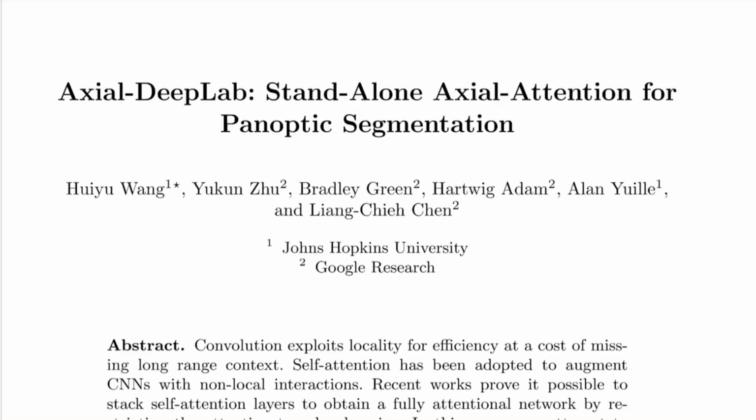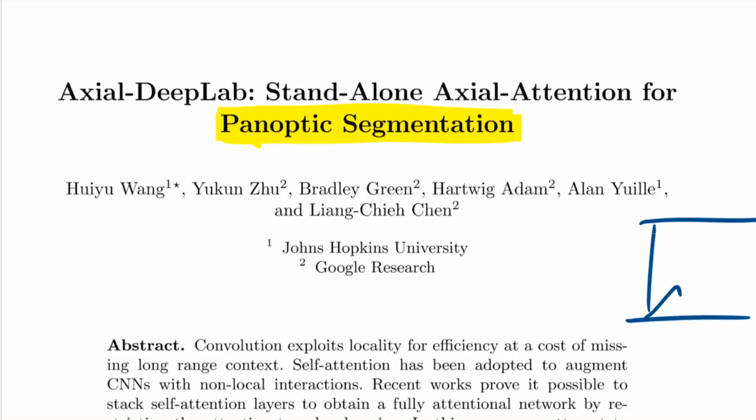So this paper combines a bunch of techniques that have been introduced recently to deal with attention in problems where you would traditionally use a convolution. In this particular case, they deal with the problem of panoptic segmentation, where you get an image and there's a bunch of stuff on the image, like a cat here and a house right here.